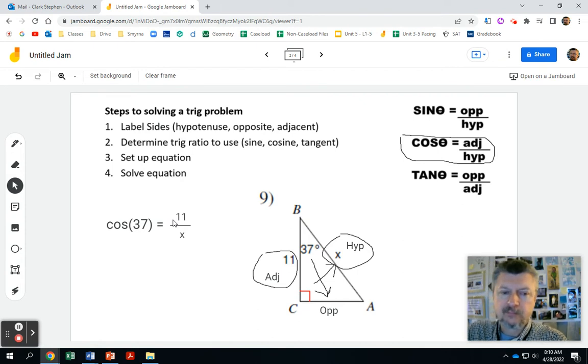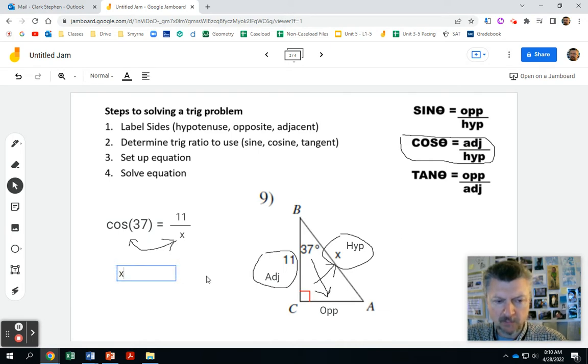Now, this is one of those where we have x on the bottom of the fraction. So when we have x on the bottom of the fraction, we need to swap the x with the cosine of 37. So these are going to get swapped, and it's going to end up looking like this.